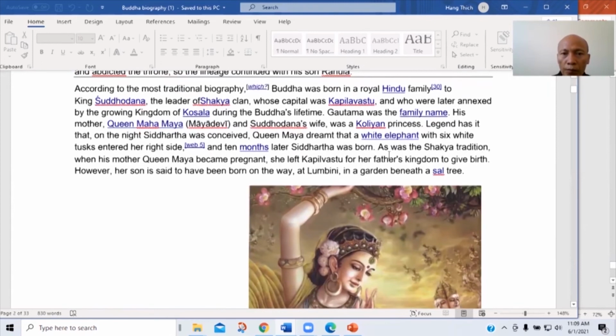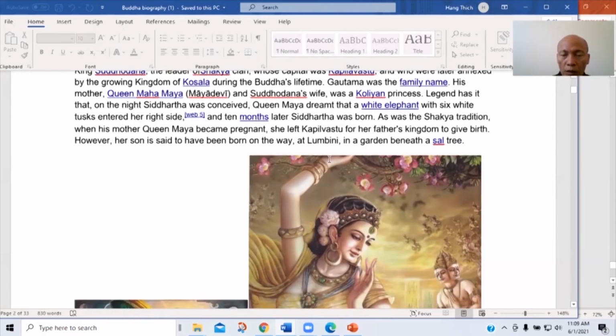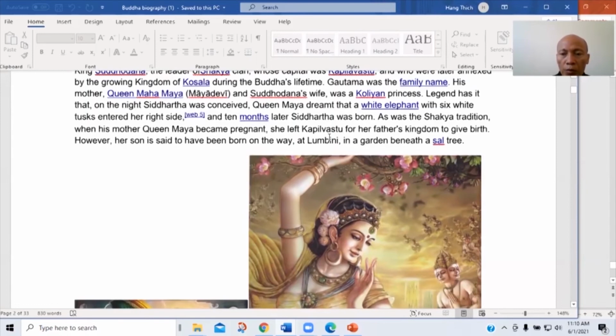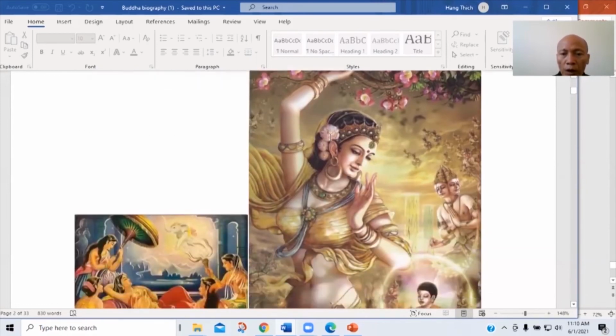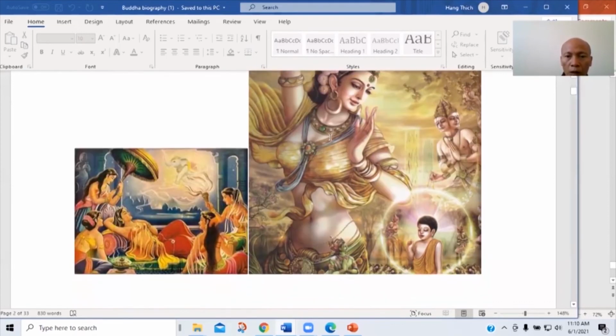According to most traditions, Buddha was born into that royal Hindu family, and he was the son of Queen Maya, who was a Koliyan princess. It is said that before he was born, his mother Queen Maya had a dream that a white elephant entered her right side, and later she woke up and told the king.